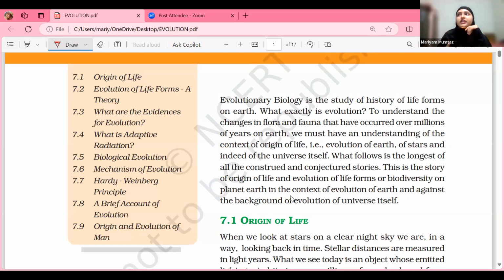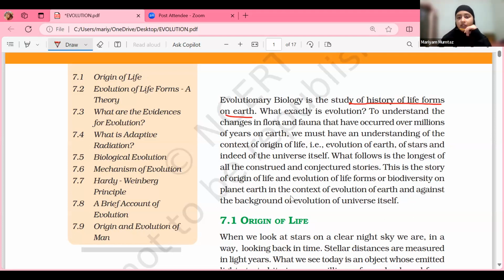Secondly, how they changed from one form to another, and how whatever organisms are present in today's world, how they are present, what their ancestors were, like who were their ancestors and everything. All of these things we'd study here. Okay. So evolutionary biology is the study of history of life forms on the earth. All sorts of, not just humans, animals, microorganisms, and everything comes under this.